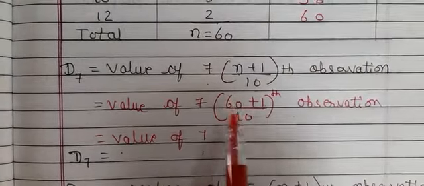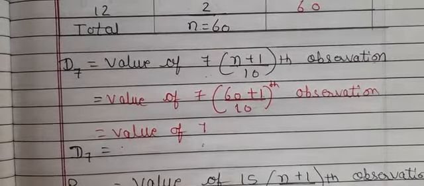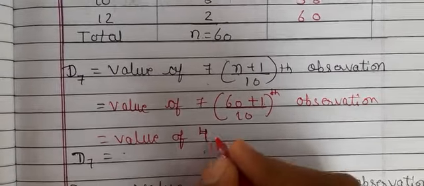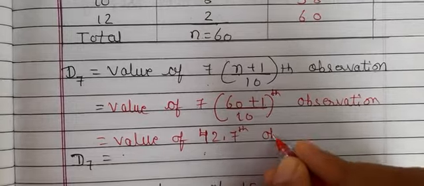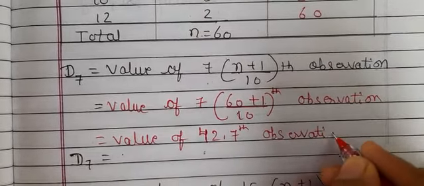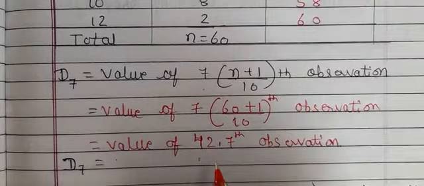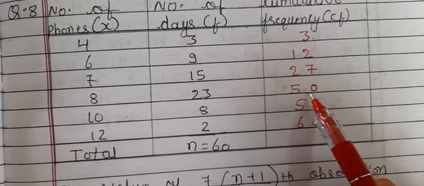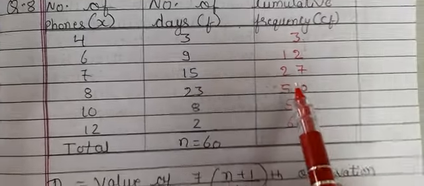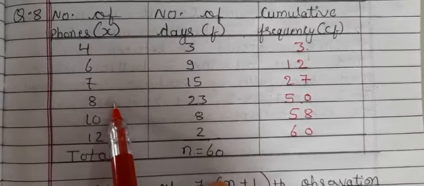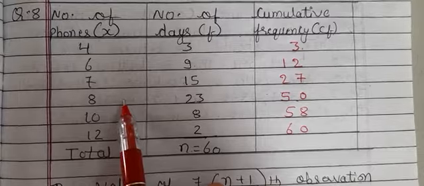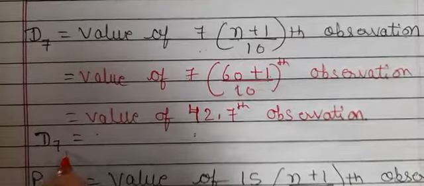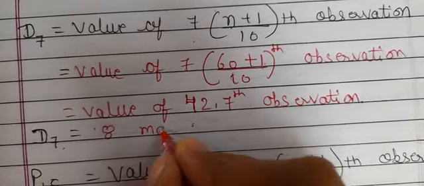So 6.1 we have to multiply with 7, and we get our answer as the 42.7th observation. Now we have to refer to our CF column. The 42.7th observation comes in which row? As you can see here, the 42.7th observation comes in the 4th row, right? So the respective x value is 8. So our D7 is 8 mobile phones.